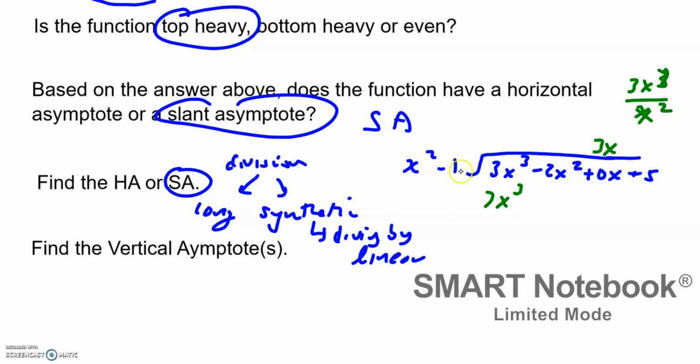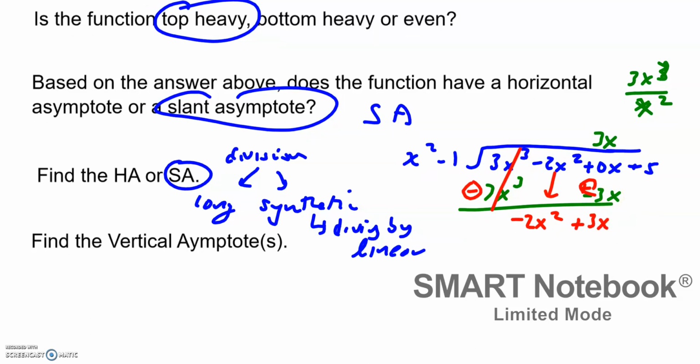If I do 3x times negative 1, that is going to be negative 3x. So now I need to change my signs. This becomes a negative, this becomes a positive, and you bring down what you didn't use. So we have negative 2x squared, because this cancels out, plus 3x minus 5. Plus 5, excuse me, plus 5.